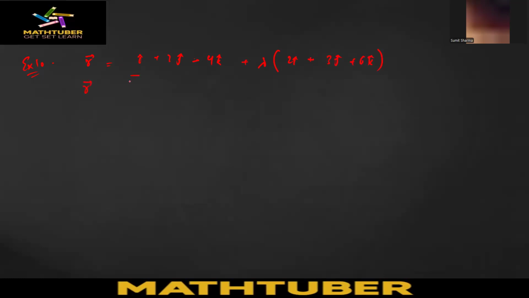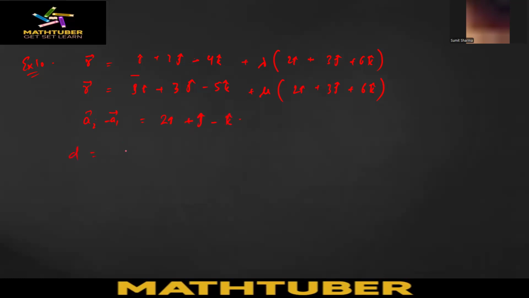And the second vector given is 3i plus 3j minus 5k plus mu, and the b vector is the same vector here, 2i plus 3j plus 6k. So now we know that this is the b vector. These are a1 and a2 vectors. So a2 minus a1, first of all, let us find out. This is 2i cap plus j cap and minus k cap.